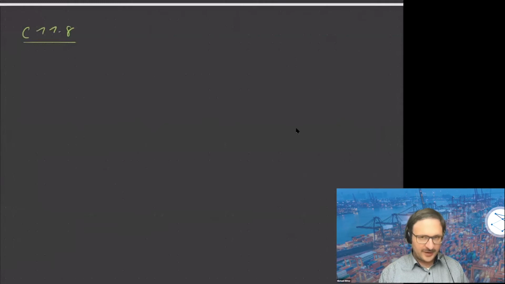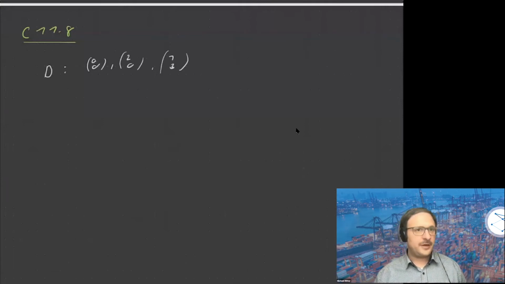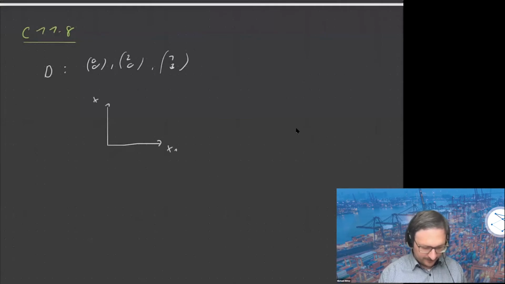So we have the triangle that's called D, and that is defined by the vertices (0, 0), (2, 0), and (1, 3). And if you have something like this, it's probably a good idea to make a quick sketch to see how this thing actually looks. So we do just that. Here's x1, here's x2, and let's try and sketch that.